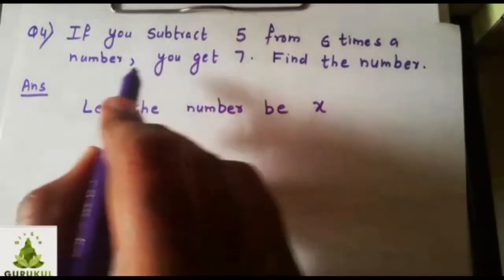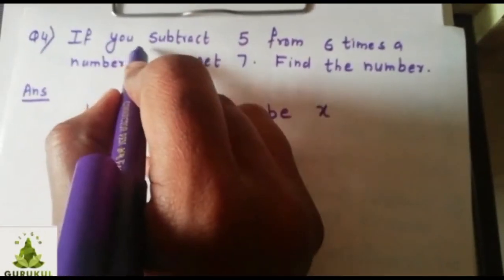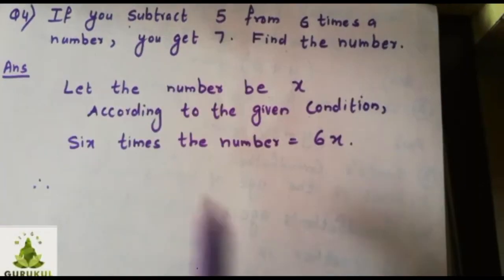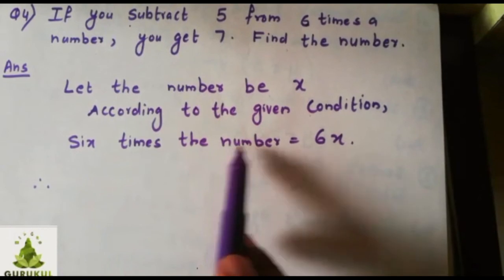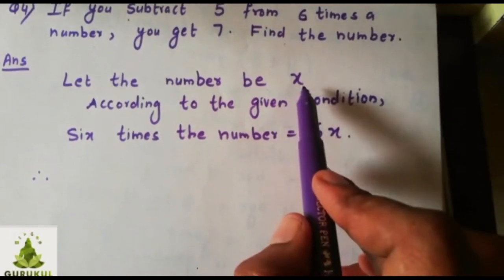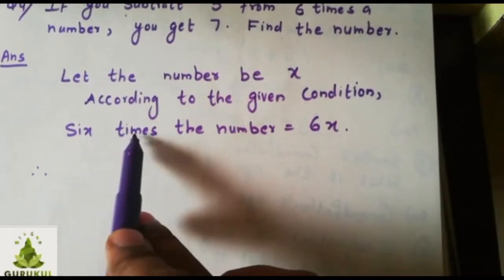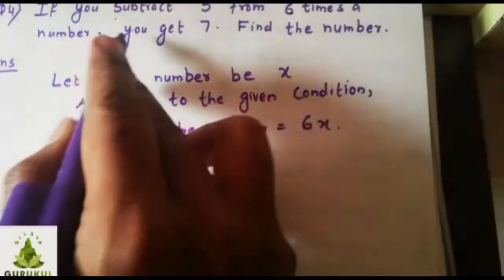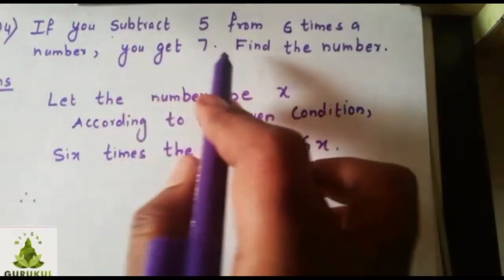Now, according to the given condition, you have to write the equation. See, 6 times the number means 6x. I took the number as x, so 6 times means 6 into x, 6x. Now, see the statement and according to that we will frame the equation.